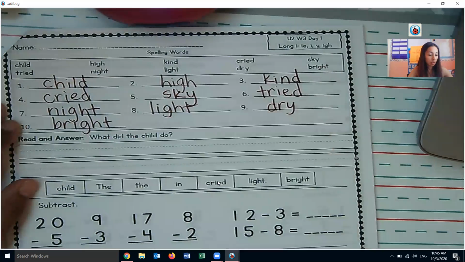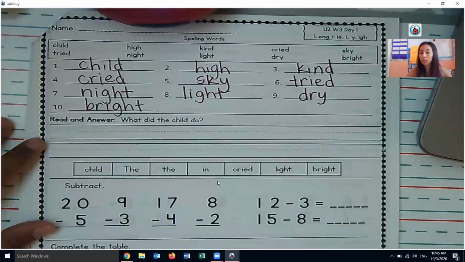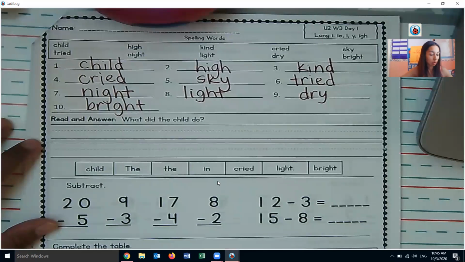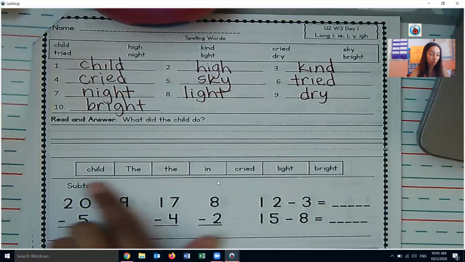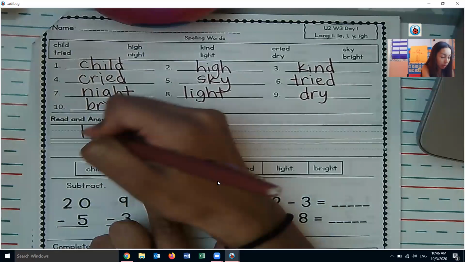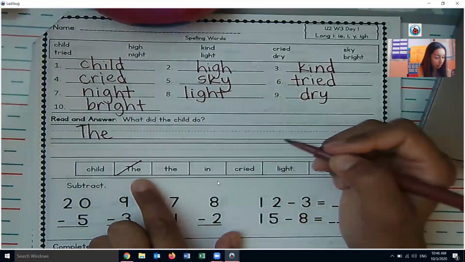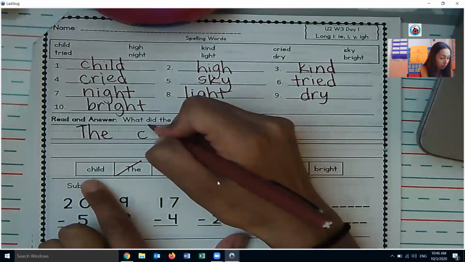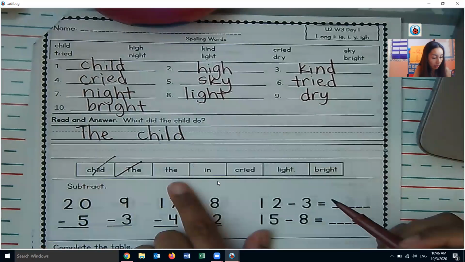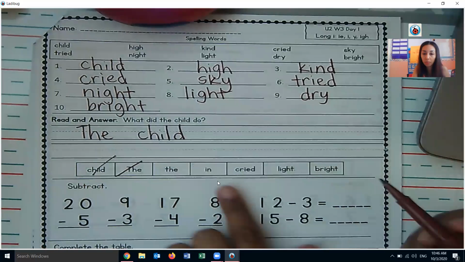For this section here, what did the child do? So we're going to look at our word bank here. We're going to write "the" first because it has a capital T. The child, and we'll take a look at the rest of our words here. The child, the, in, cried, light, bright.